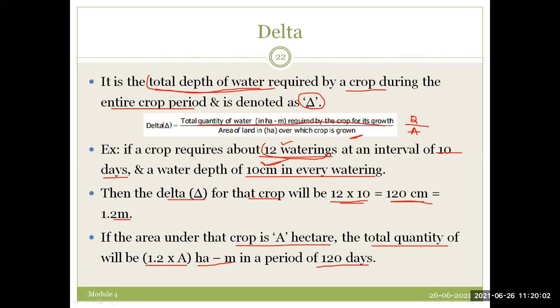If you want delta, the total quantity is 1.2 into A, divided by area. The area gets cancelled and you get the depth as 1.2 meter. This is the delta, or the total depth of water required by the crop during the entire period.